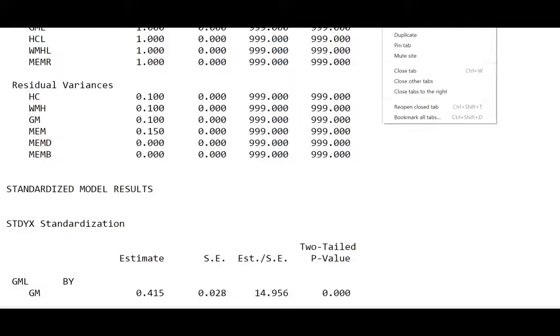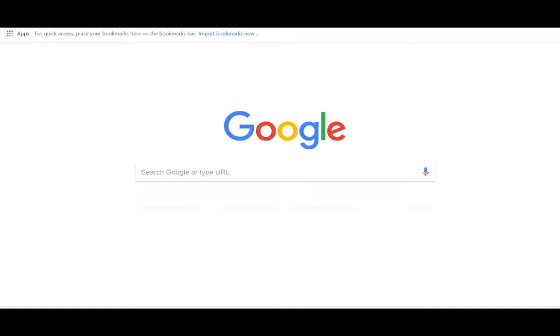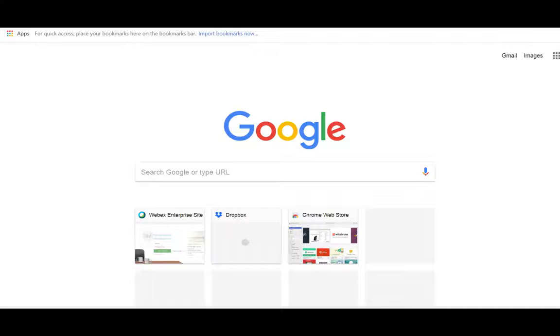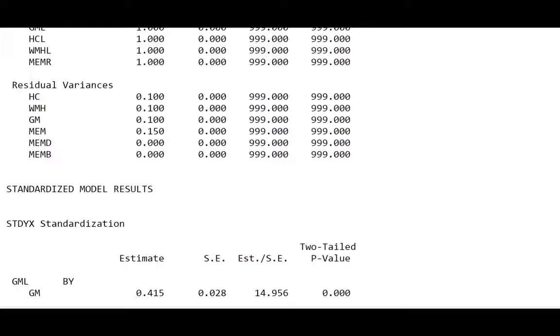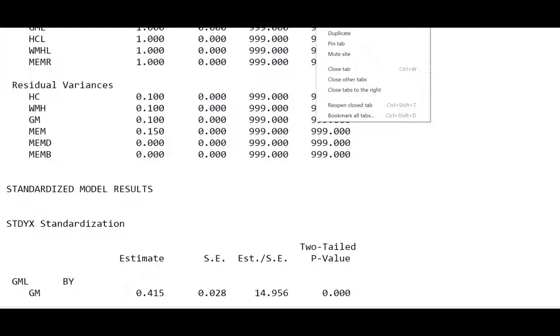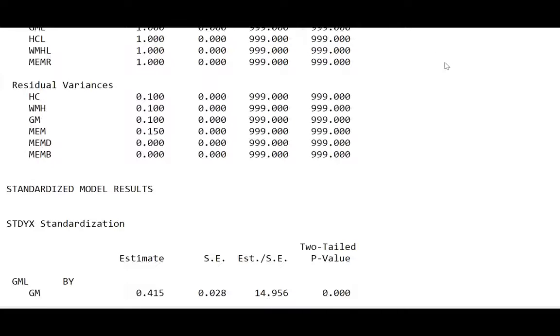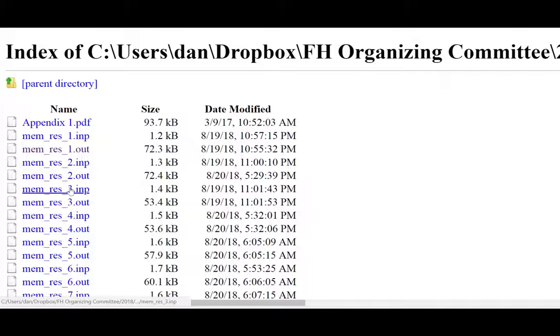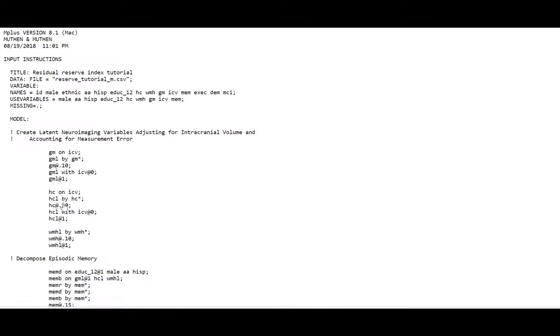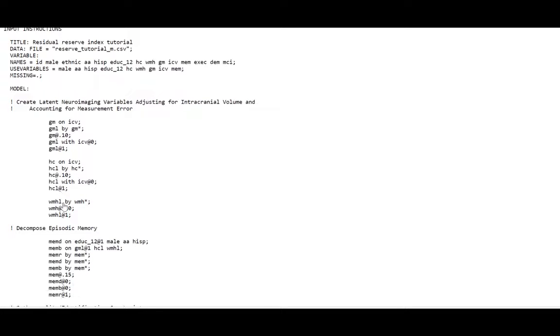Okay, here we go. I'm going to go to a different file. All right, Rich, what am I doing wrong here? I have no idea what you're doing wrong. Something about clicking that.